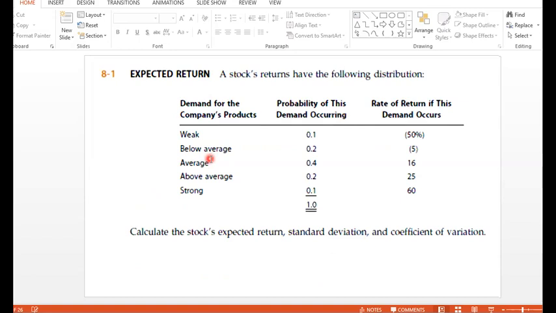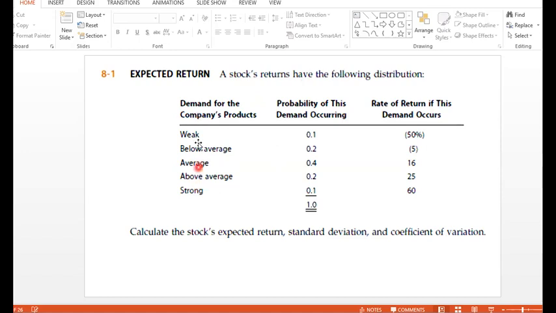So we are going to solve two problems related to probability distribution, expected stock return, standard deviation, and coefficient of variation. In your course pack, on page number 290, we have this problem A-1. A company's stock returns have the following distribution.